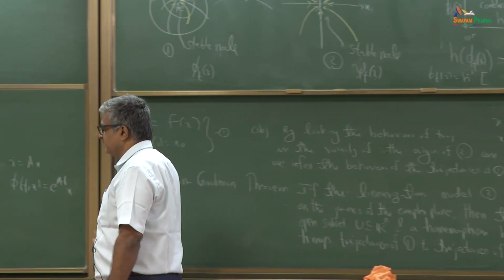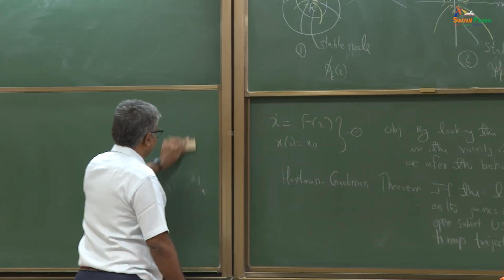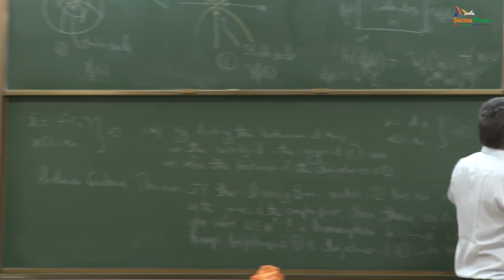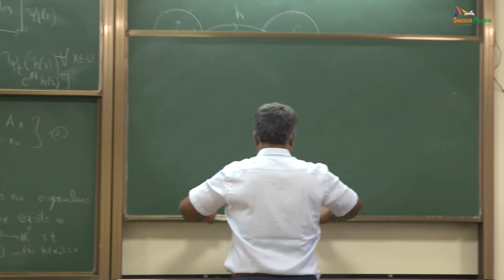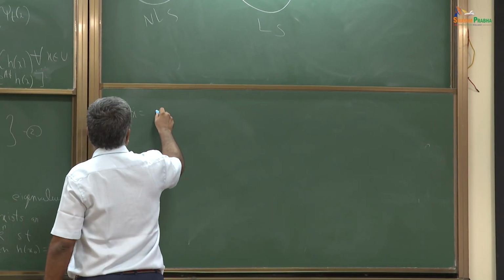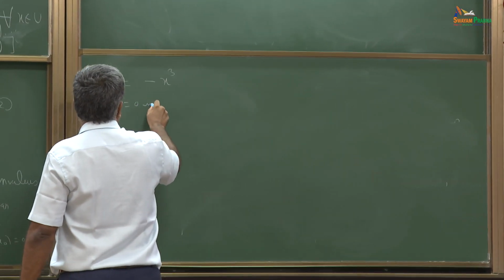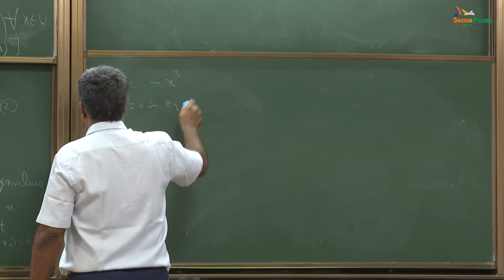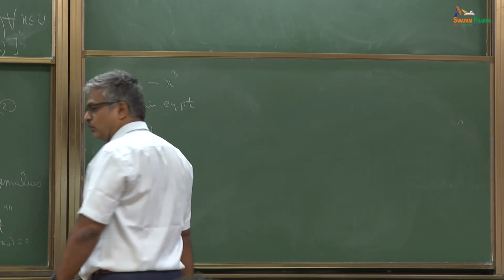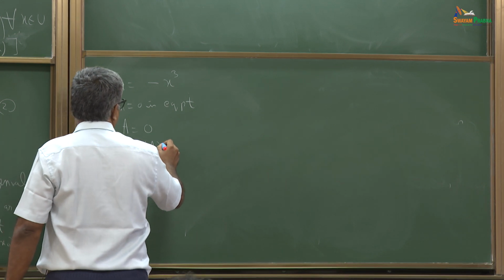So we will see one example of what can go wrong. The same first order. So x equal to 0 is an equilibrium point, right? Your A matrix is 0 here, so the eigenvalue of A is 0.